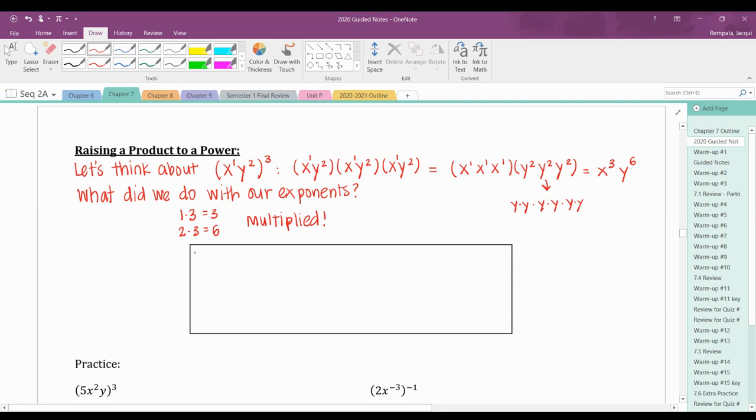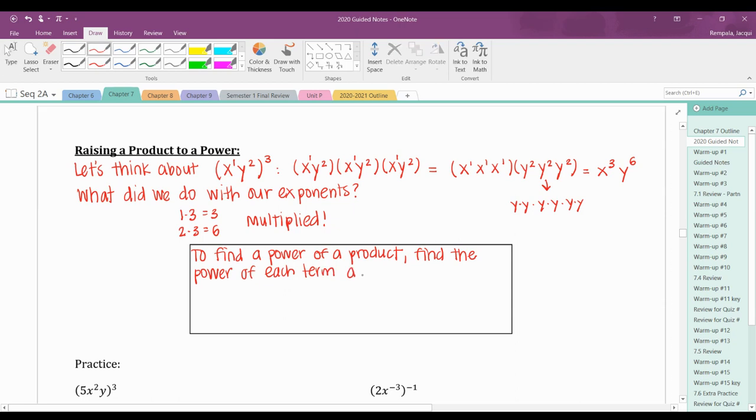So here's our formal definition. To find a power of a product, we are going to find the power of each term. And when I say power, I mean exponent.